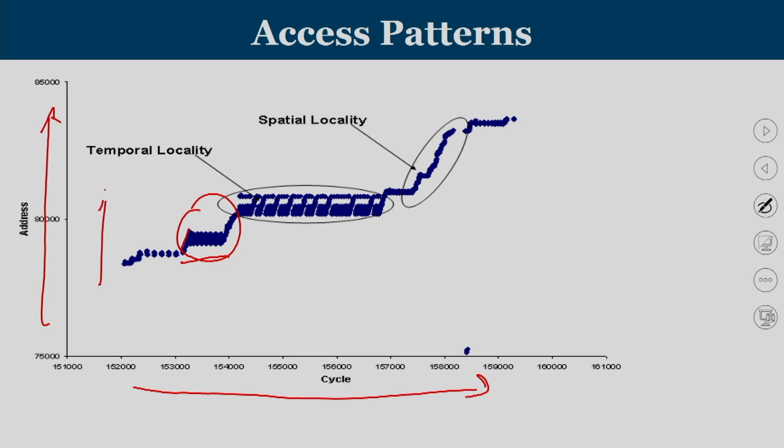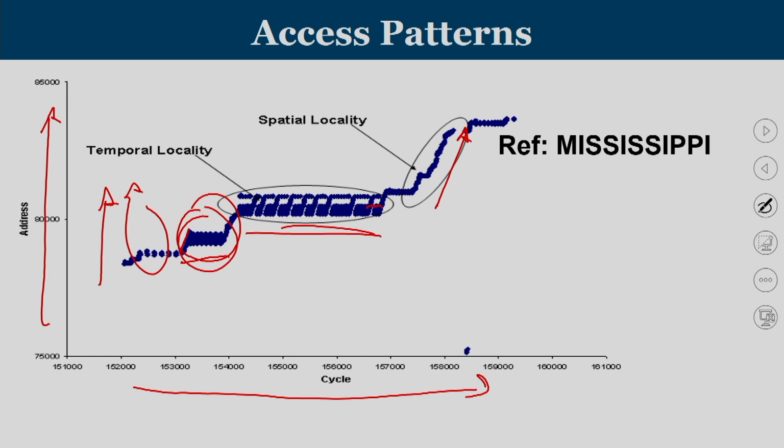The more we move in the y-axis means we are moving across different addresses, meaning the requested words are from different addresses. When we come back to lower y-axis and go again, the meaning is addresses which are requested in the near past are being re-referenced again. So, this is a perfect example of temporal locality, and we can see that as time progresses, we get a lot of spatial locality. So, we get temporal locality and spatial locality.